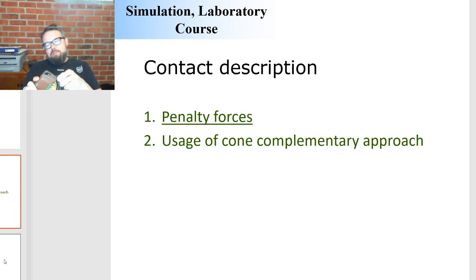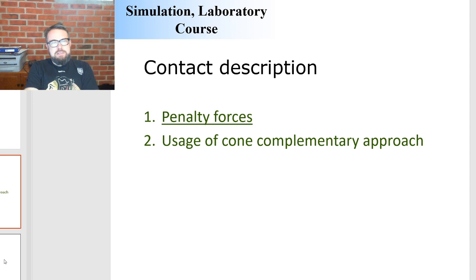So there will be a force component that pushes them away from each other, and this is called the penalty force method. It is very common in many applications, and there are many varieties of it.